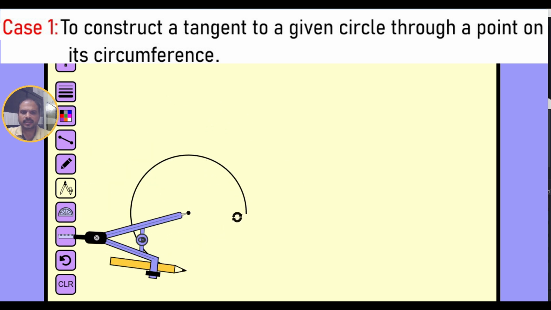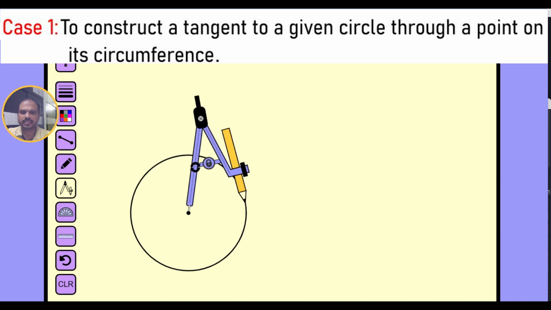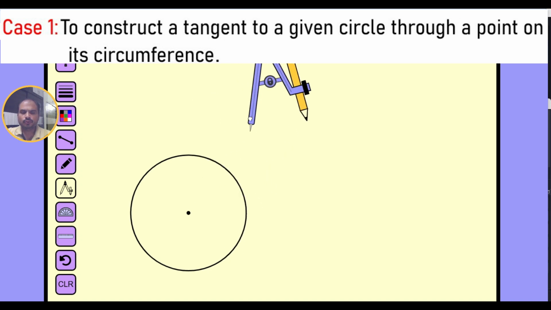This is the circle of radius 3 centimeter. To this circle, anywhere I have to choose a point on its circumference. Let us see, the point is over here. This is our point A. At this point A, I need to draw a tangent.